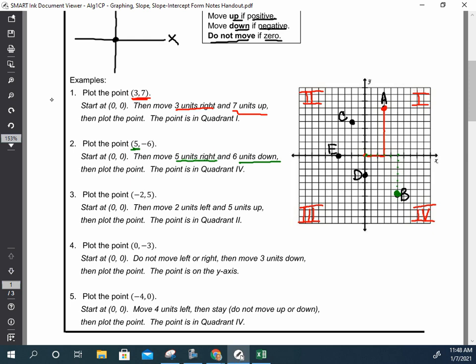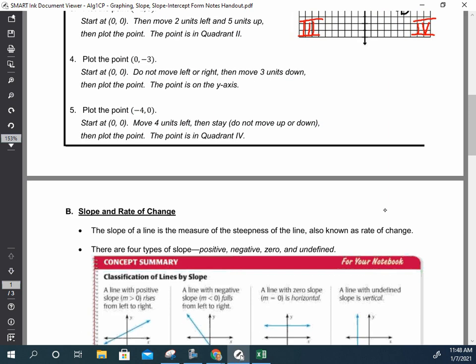So I'm going to change the page in 10 seconds. So let's go ahead and change that page.